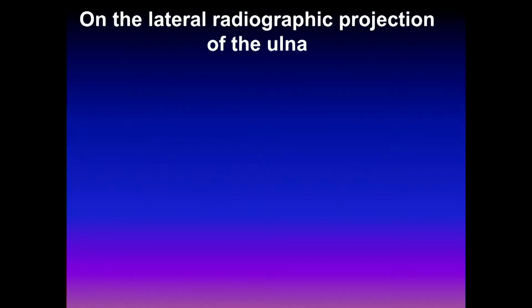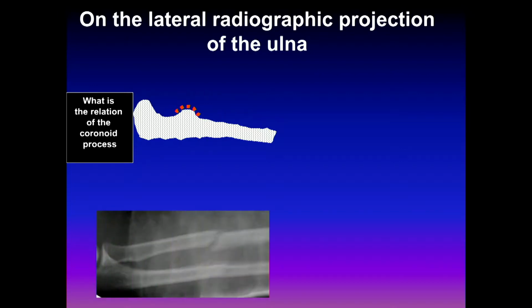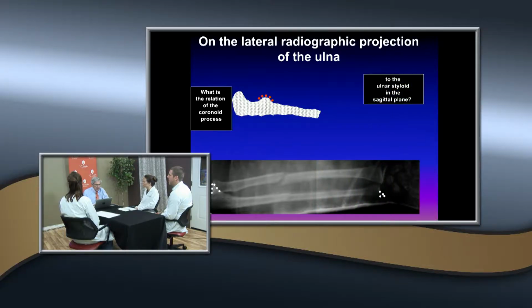You don't look at this very often, but in the ulna, in the sagittal plane, what's the relationship of the coronoid process to the ulnar styloid? Again, that's 180 degrees. You really don't look at that very often. You focus more on the radius.